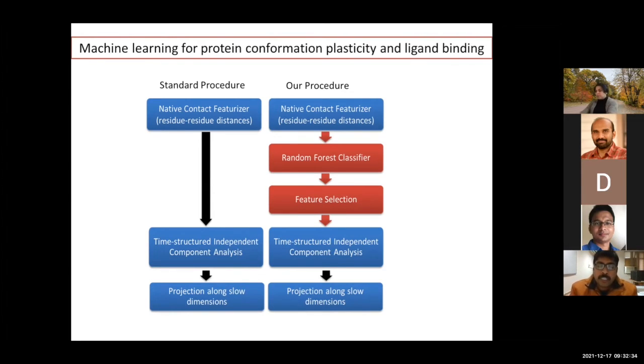In supervised machine learning, we provide the ligand positions to the CVs and try to identify which residue pairs are crucial for the binding of this ligand. For this purpose, we have used a random forest classifier with a feature selection approach.